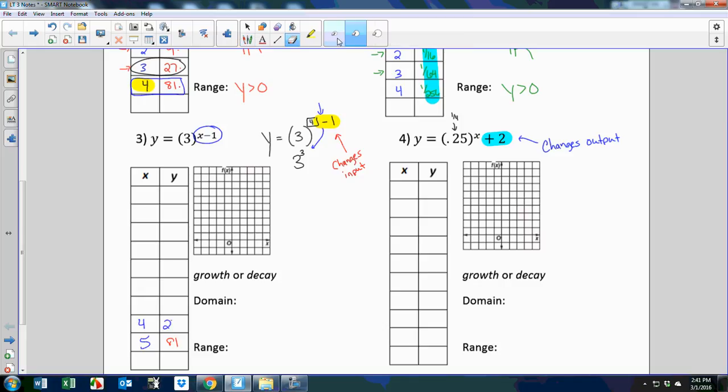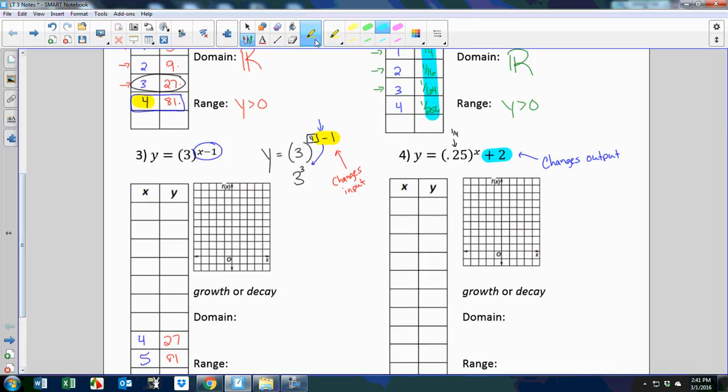And by now you might start to notice a pattern. If you'll stare at (4, 81) and (5, 81), you'll probably recognize that pattern. (4, 81) has now moved to (5, 81). (3, 27) has now moved to (4, 27).